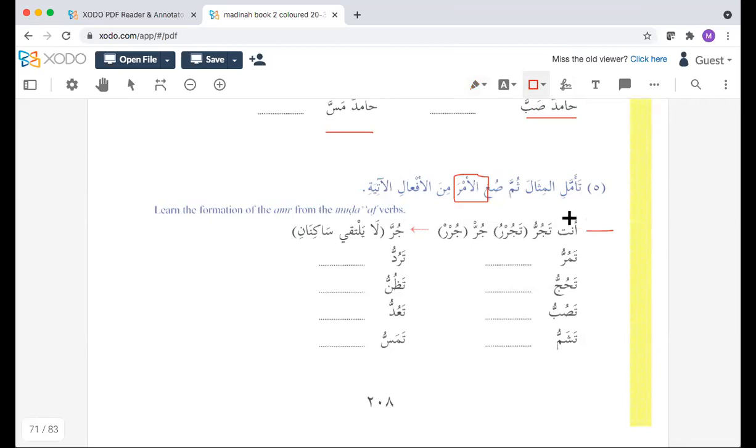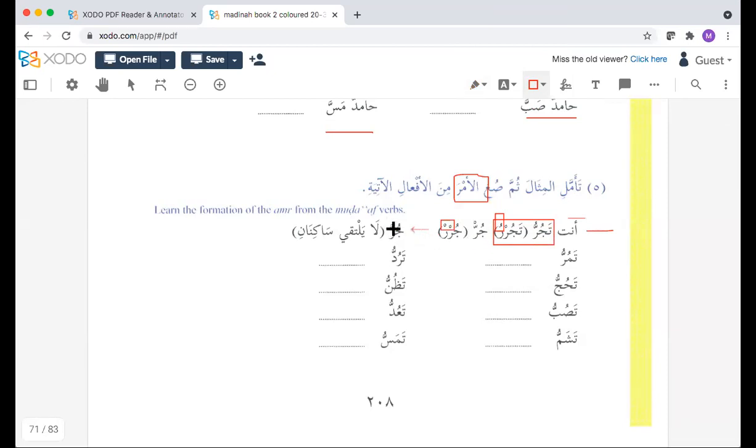Anta tajurru, you open it up, and by changing that last letter to a sukoon, you will end up having two sukoons, and you can't have that.